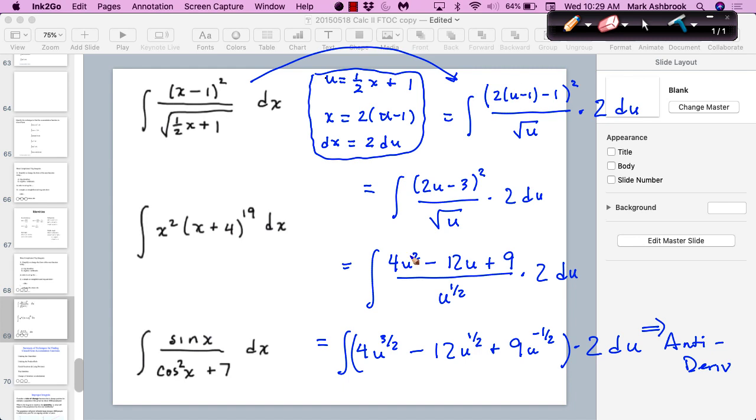I get 4u squared minus 12u plus 9 over u to the 1/2. And then I can split this fraction up, combine the u to the 1/2 with each of those terms. Questions? Agree? Then you got power rule, and then you're going to substitute back your 1/2 x plus 1 for every u.